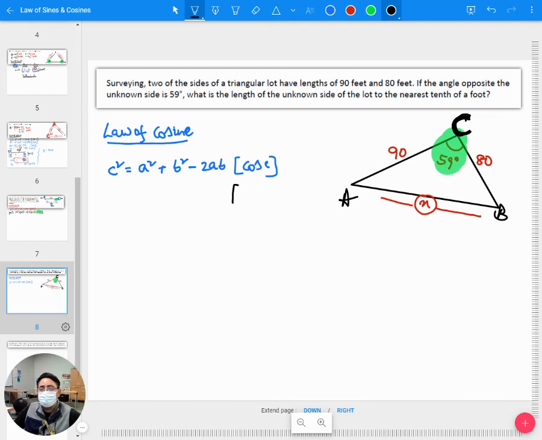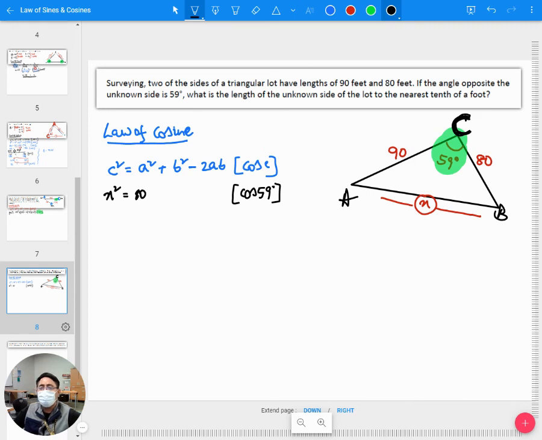So angle C means this is going to be cos 59 degrees. Then the side opposite to angle C is this one, side C, which is x. So x squared equals a squared, the side opposite to angle A, which is 80.